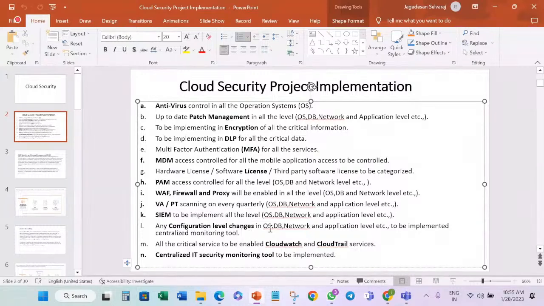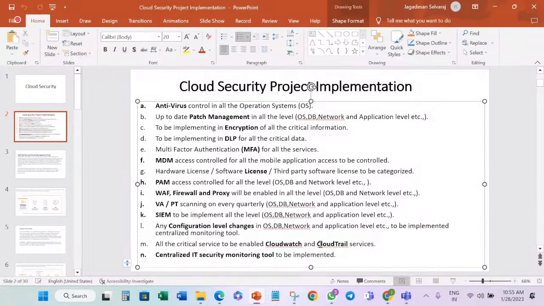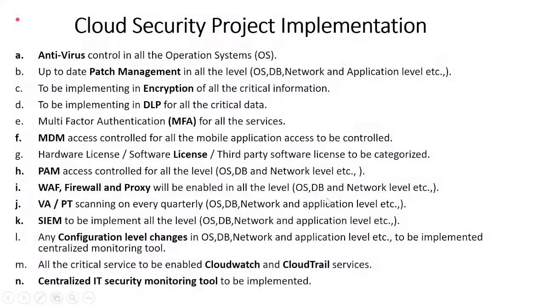And the configuration level change. How to identify a configuration level change? Anyone know? Basically, if you change any configuration at OS level, DB level, network level, or application level, how are you aware?